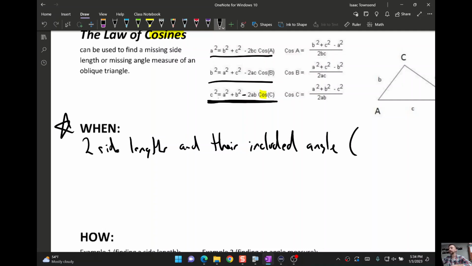Included means the angle that's trapped in between them. So the shorthand way of saying that is side angle side. Side side angle is not considered that because the angle is not in between the sides. It's got to be trapped in between it to be included.